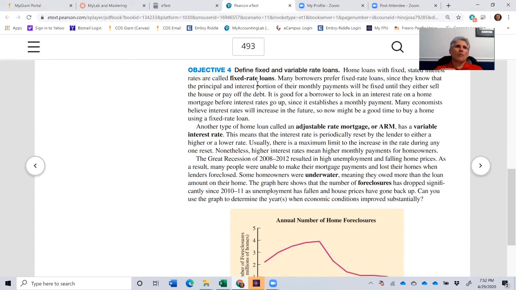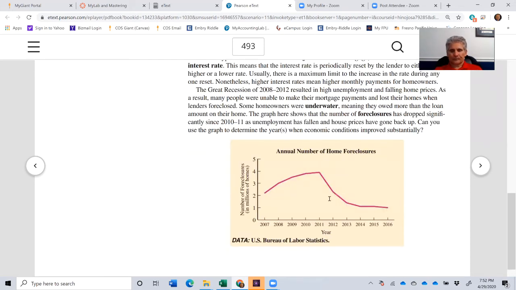Most people actually feel better just borrowing a fixed rate so that they know exactly what it's going to cost them for 30 years. Some people like to roll the dice a little bit and go with a lower rate, thinking that, well, hopefully it won't go up, but if it does, there will be caps on it, but chances are those caps are going to be higher than the fixed rate. So you're rolling the dice a little bit.